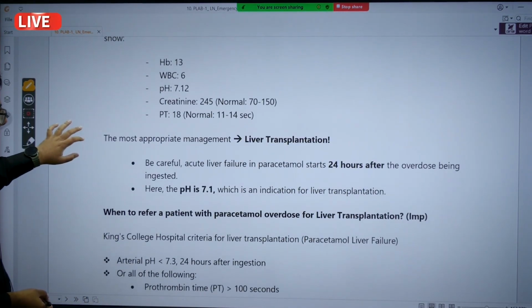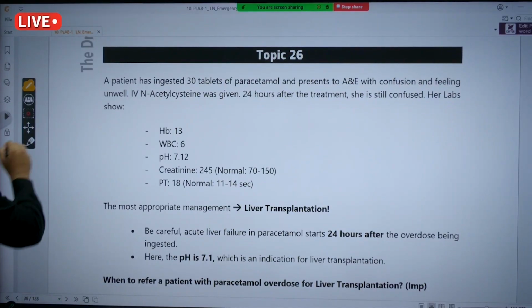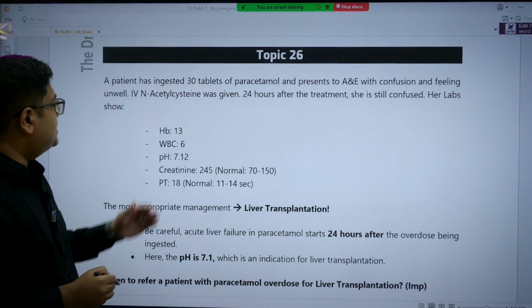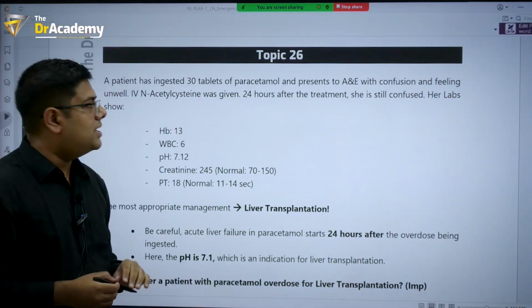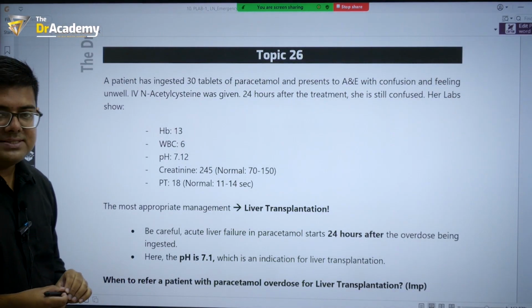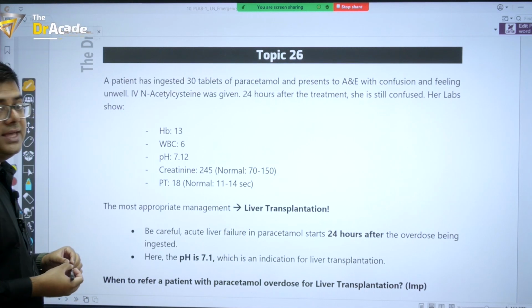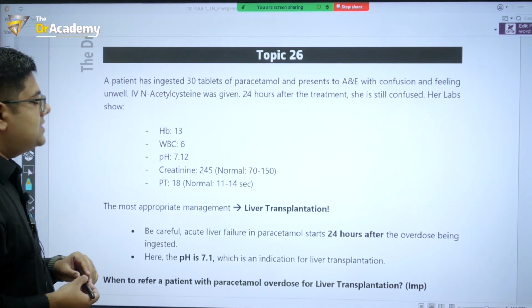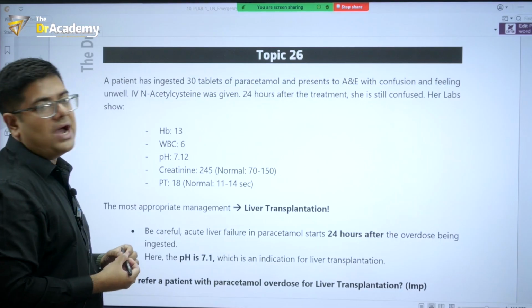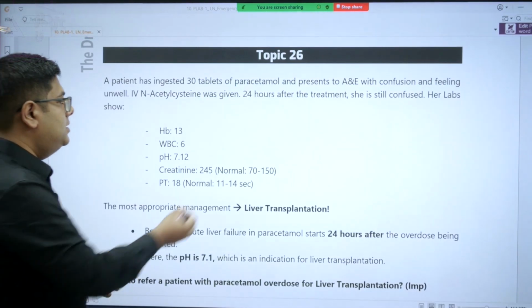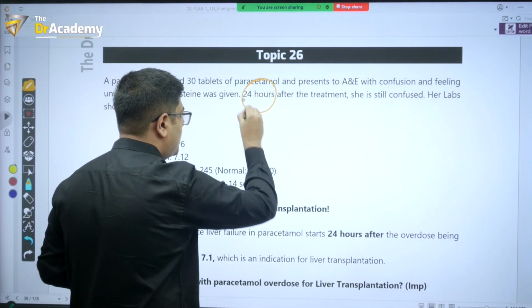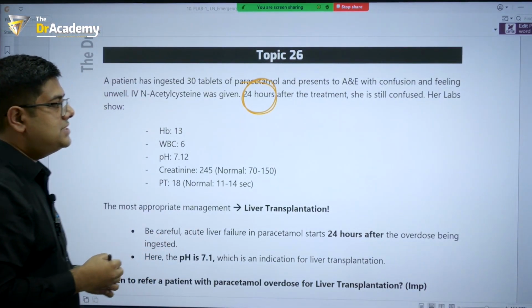Another, a paracetamol poisoning case. See, this is one of the things that frequently appear in the exam. A patient has ingested 30 tablets of paracetamol, presents to A&E with confusion and feeling unwell. IV acetylcysteine was given. 24 hours after treatment, look at the duration, she is still confused.